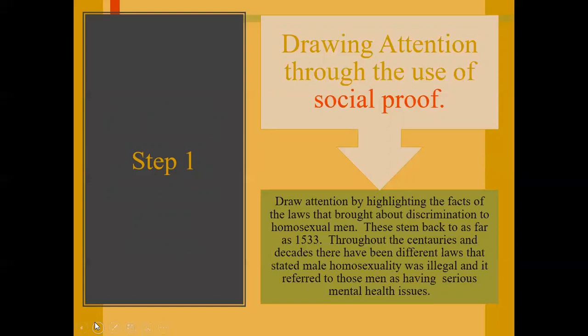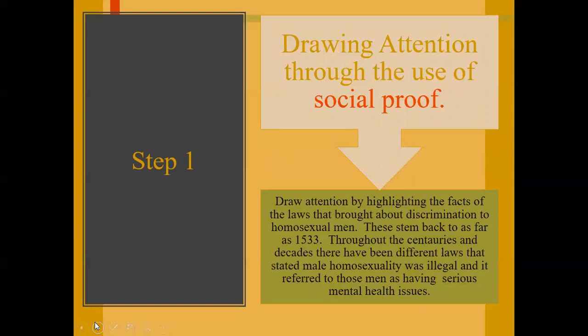We have got a lot of proof to show this discrimination. We've got social accounts of how people have been treated. We have laws. So it's really important. So draw attention by highlighting the facts of the laws that have brought about discrimination to homosexual men. And like I said, these stem back as far as 1533.